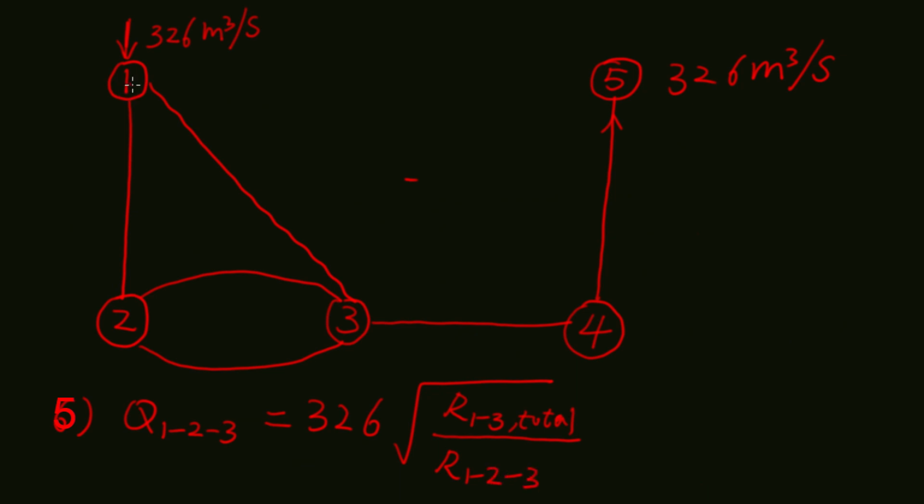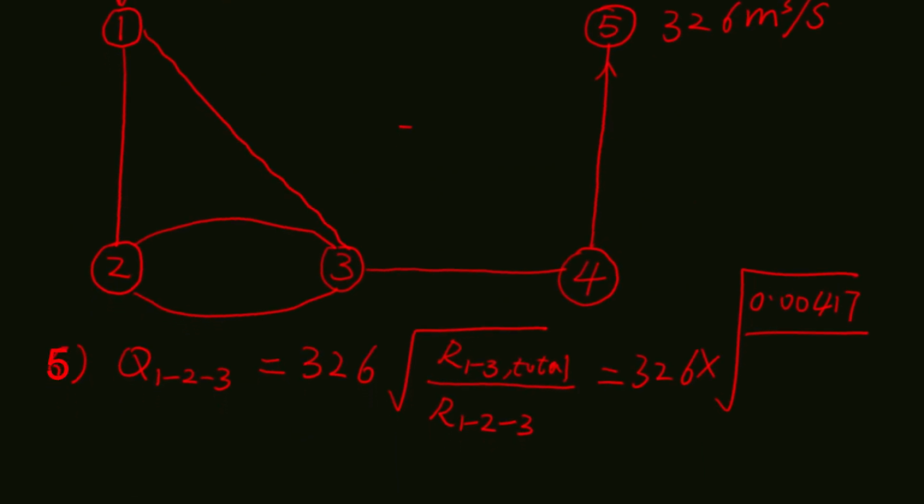So that's the resistance from here to here. We calculated that in question 3. If we plug in the numbers, 0.00417 divided by 0.0091 equals 220.68 cubic meters per second.